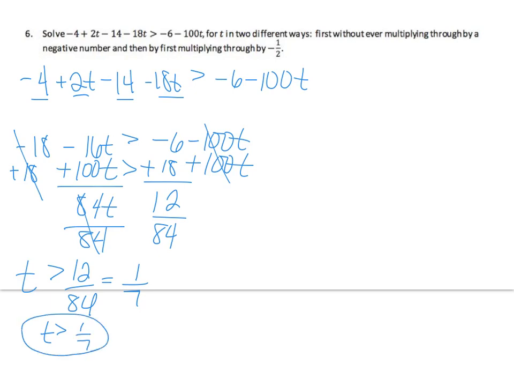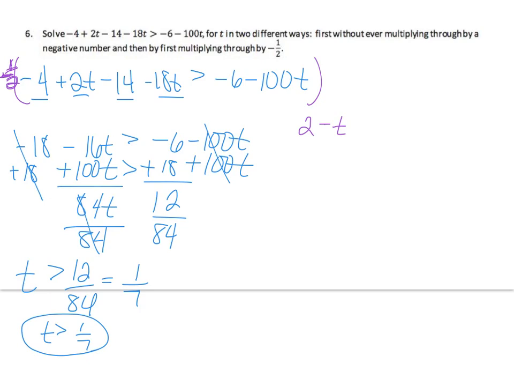Okay. Let's try it now by multiplying through by negative 1/2. So multiply through by negative 1/2. That gives me negative 1/2 times negative 4 is positive 2. Negative 1/2 times positive 2 is negative 1.